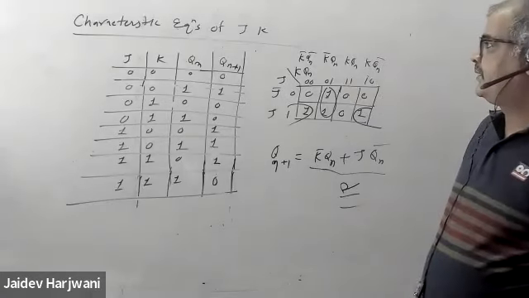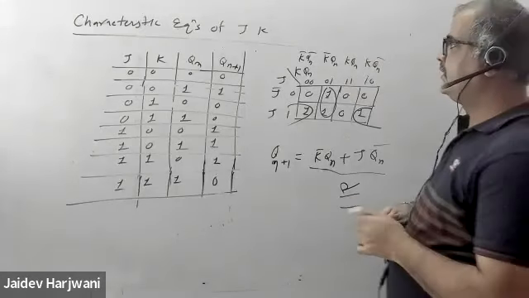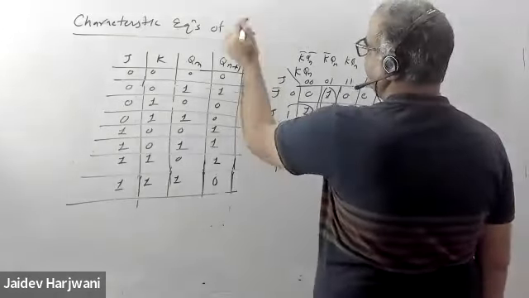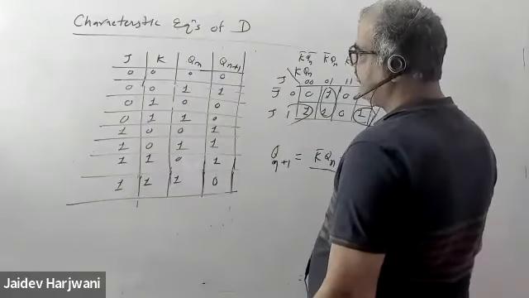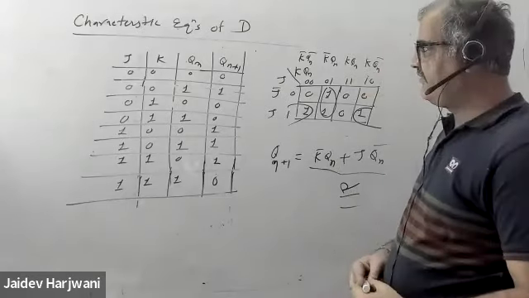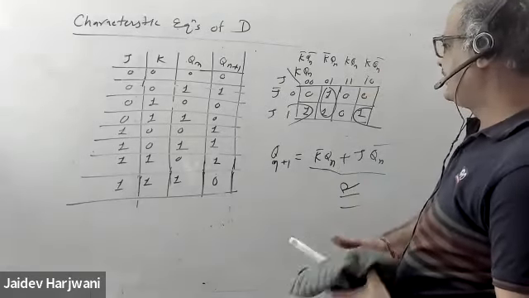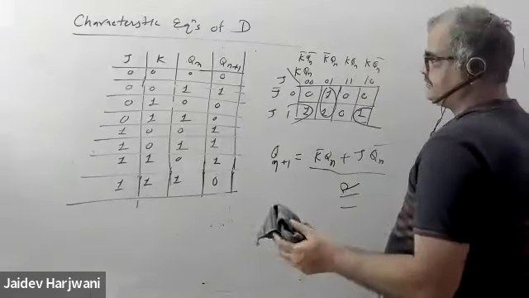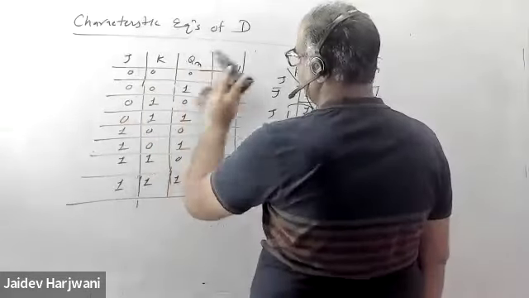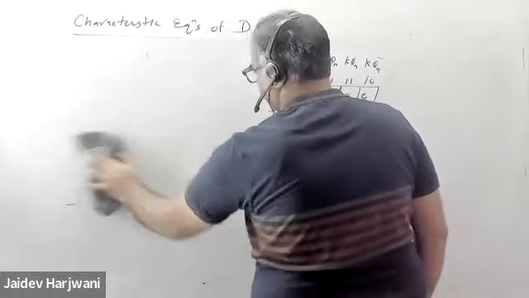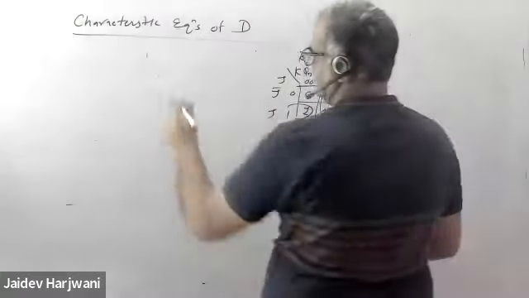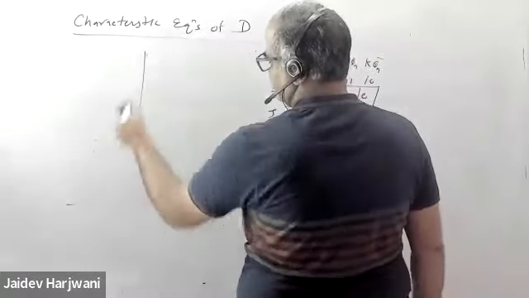Okay. Now you can write the characteristic equation for D flip-flop. You know, we convert the D flip-flop from the SR flip-flop. But now the entries will be reduced. So D has only one variable, so you don't have to see other variables. D flip-flop is very simple.